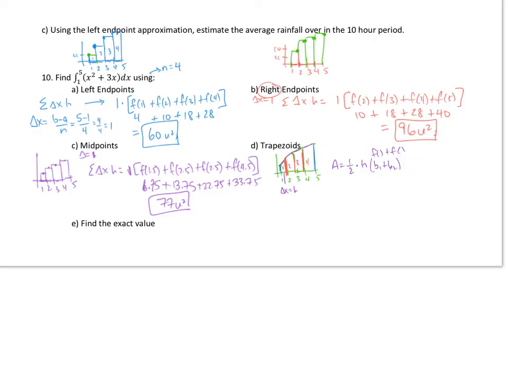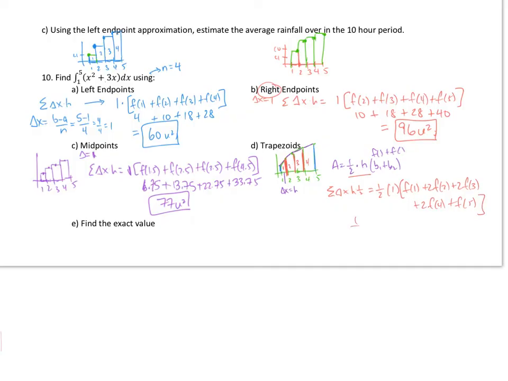So I'll end up with my sum, delta x times the h times the 1/2. That's my trapezoid right here, and this ends up being 1/2 times my delta x, which is 1, times f of 1 plus 2 times f of 2 plus 2 times f of 3 plus 2 times f of 4 plus your f of 5.